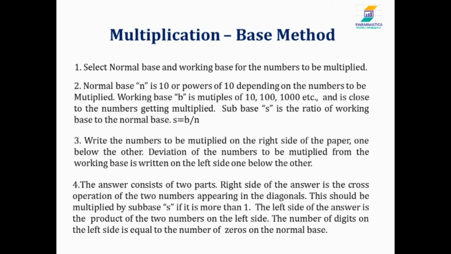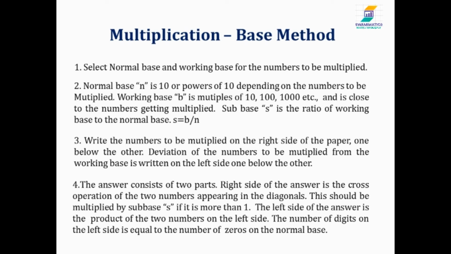Then your answer will be in two parts. Right side of the answer is the cross operation of the two numbers appearing on the diagonals. This should be multiplied by the subbase if the subbase is more than 1. And the left side of the answer is the product of the two numbers on the left side.